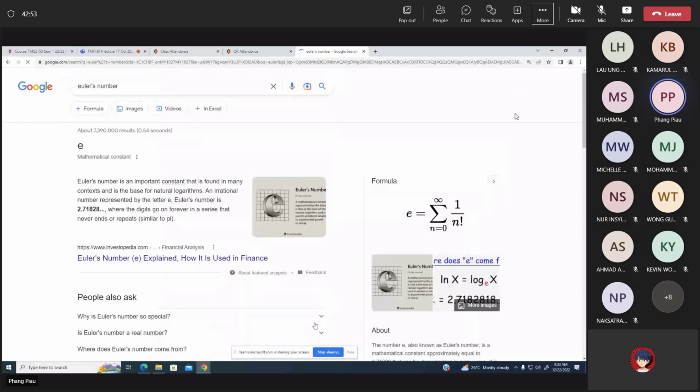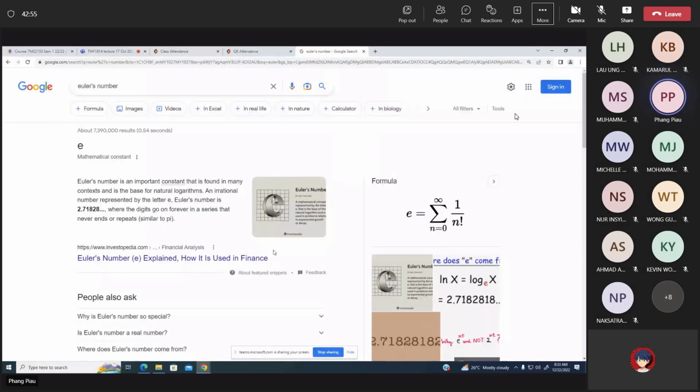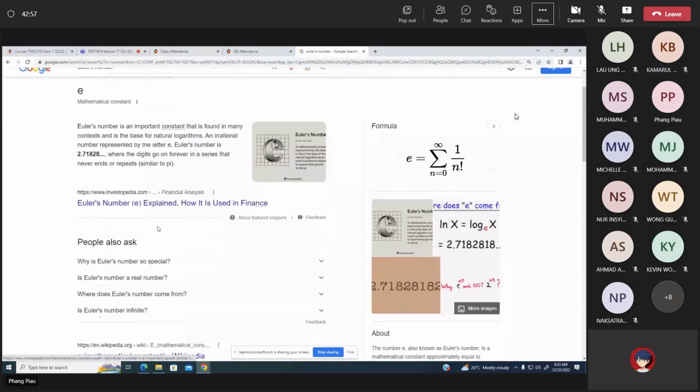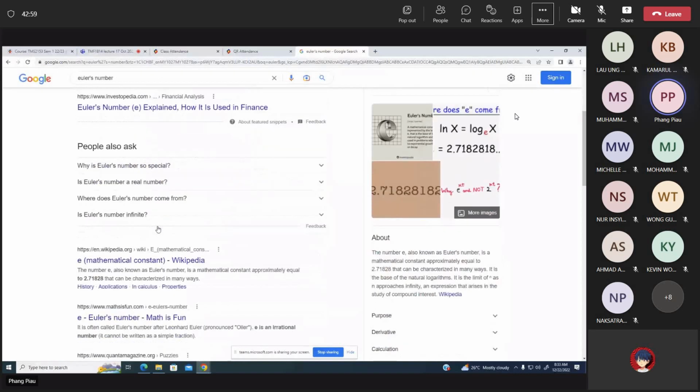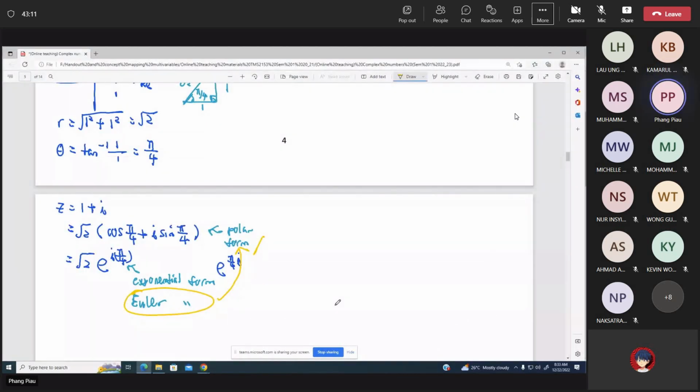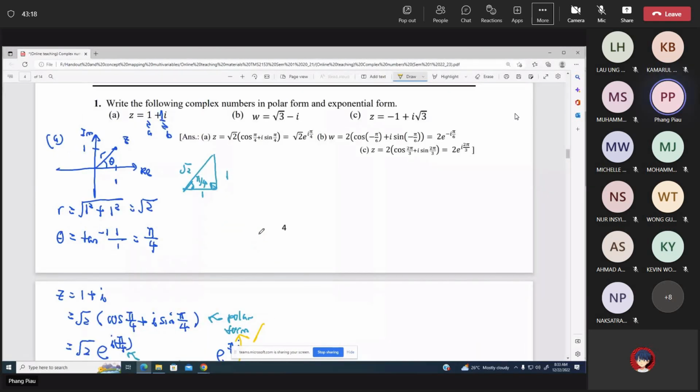E is also called Euler's number. So Euler form of that. And later on in your numerical methods, you have the Euler formula again. It's simply too many. So this is the first example.